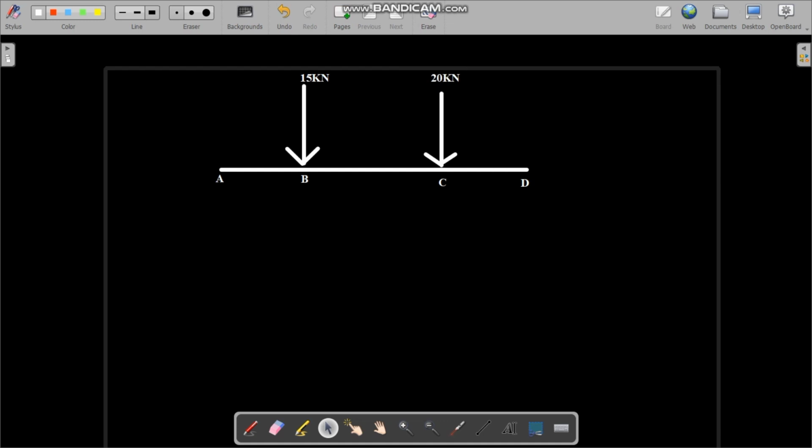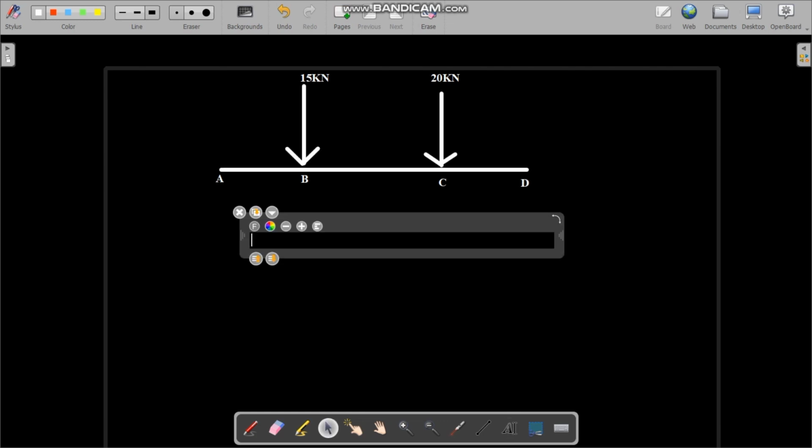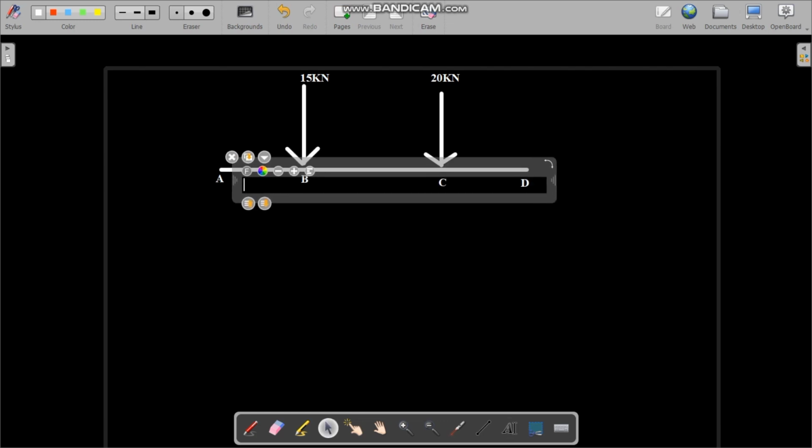So you can see there are two point loads, applied at point B and point C. Here we put the two shapes, a roller and a hinge support, and the distance from point A to point B is 2 meter.